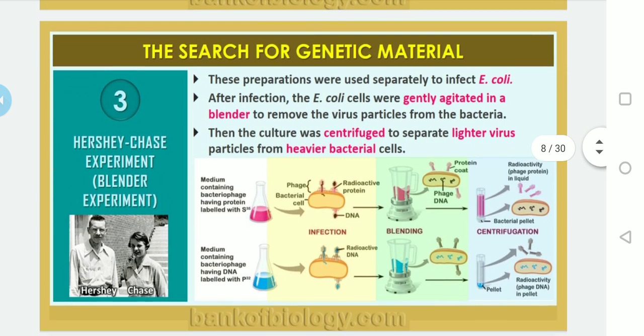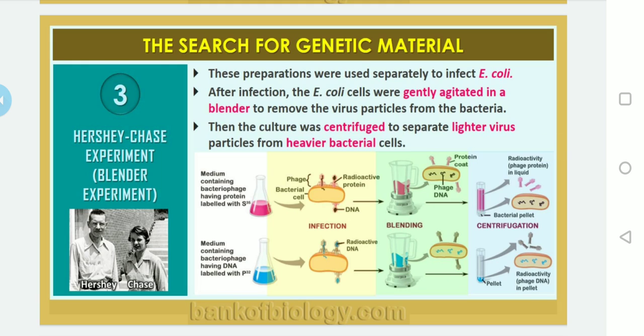So these preparations were used separately to infect Escherichia coli, so that the viruses grown in radioactive phosphorus have radioactive DNA but not radioactive protein, because phosphorus is present in DNA, not in protein.